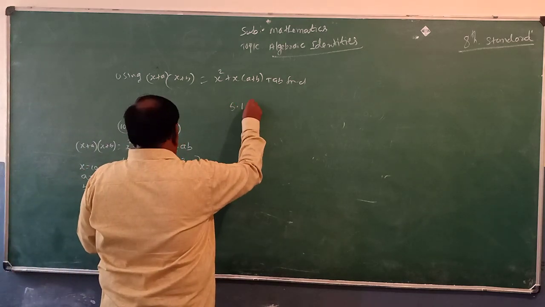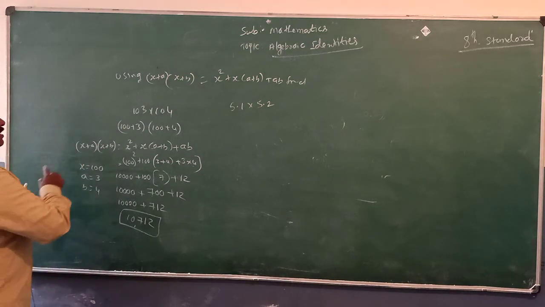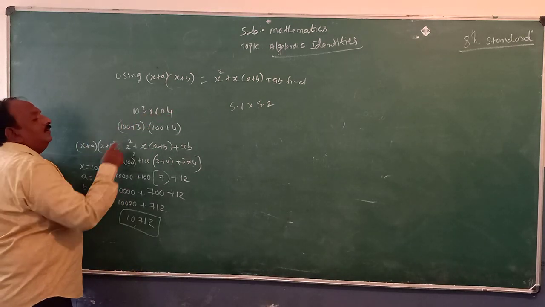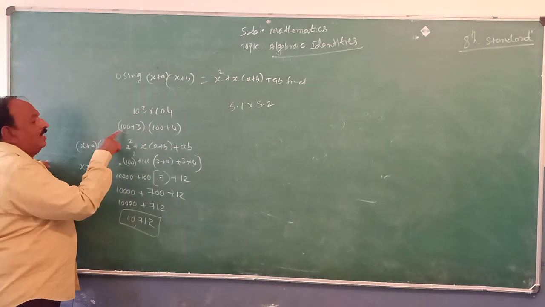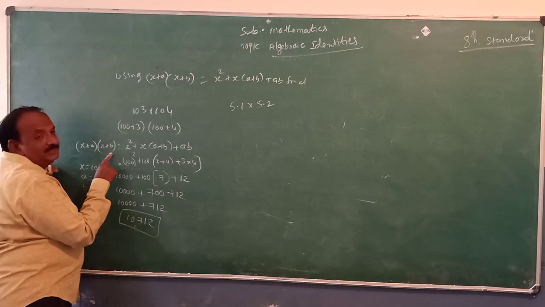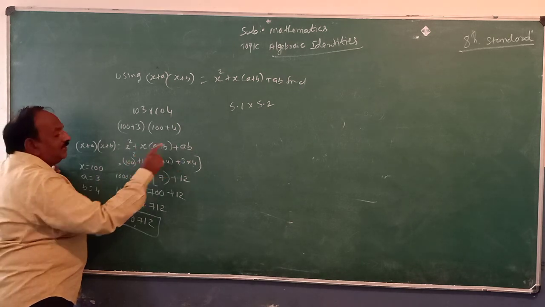5.1 into 5.2. If you want to experiment, like 103 into 104, 100 plus 3, 100 plus 4. X plus a into x plus b, x square plus x into a plus b plus ab.